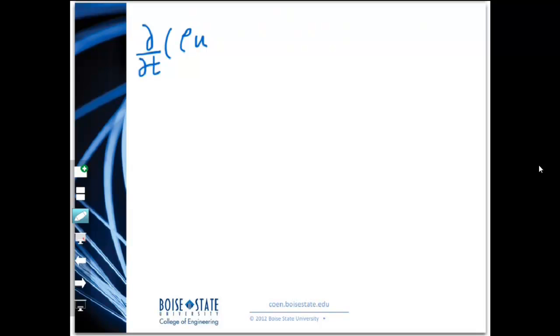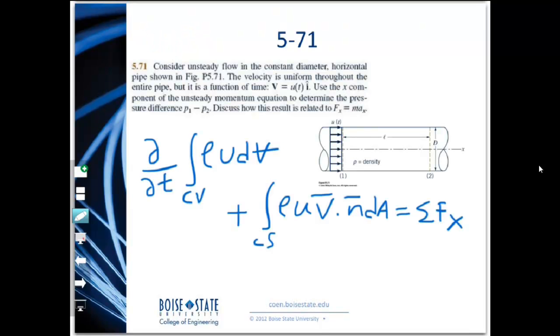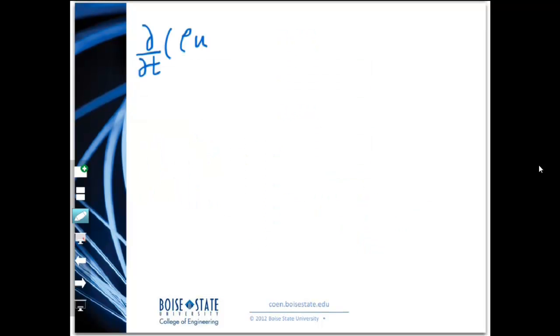If you look at it, this is dV, we can integrate it. It's just the area times another length scale. Cross sectional area is πd²/4 times the length L, which we are given in the problem, so π/4 d² L. That's the unsteady term, right?